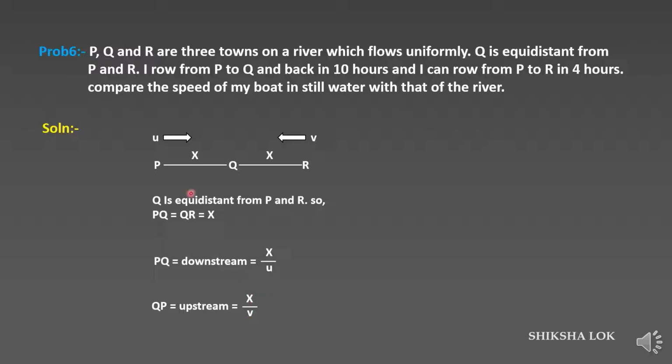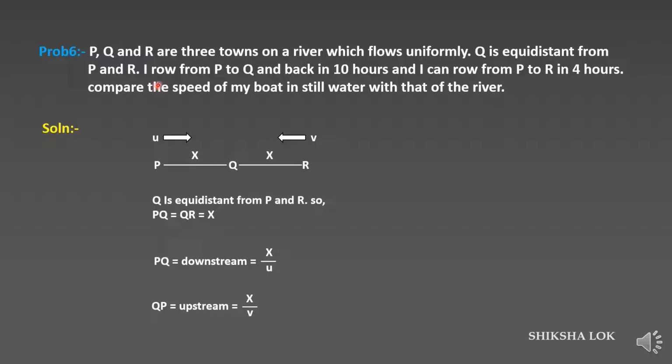Now we have the distance between PQ and QR, and for PR it is 2x, because Q is equidistant from P and R. We know the time taken for downstream to reach from P to Q is given by x by u, and for upstream it's given by x by v.